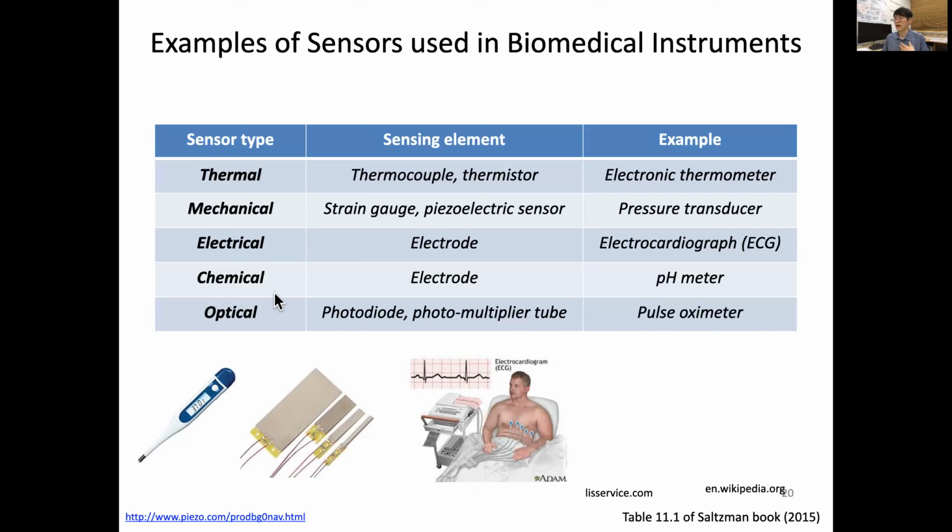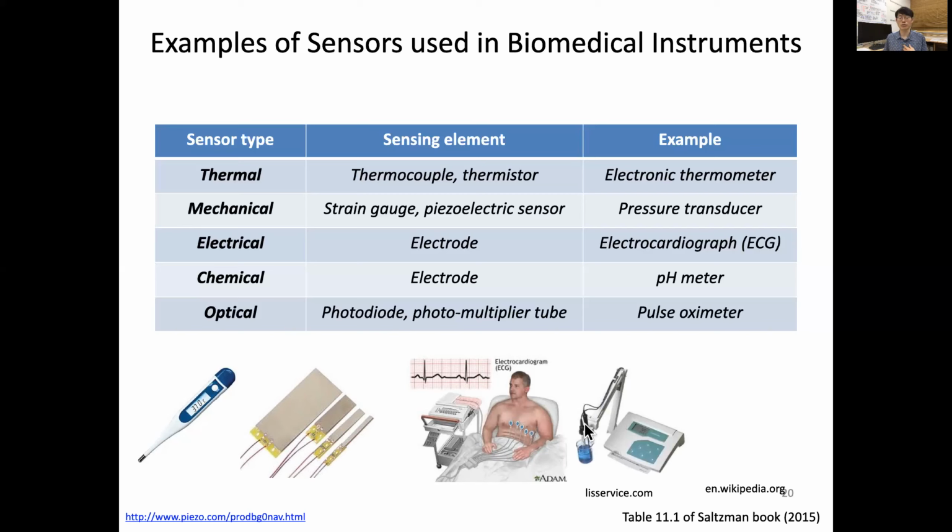And chemical sensor, as a sensing element, we can also use an electrode. A good example is a pH meter, which looks like this. Many laboratories have this. When you are preparing a solution with a certain pH, you have to use this pH meter to measure the pH, and these are the electrodes.